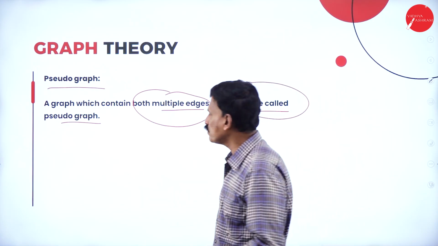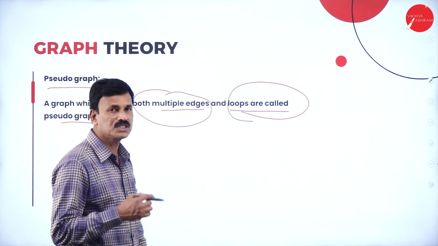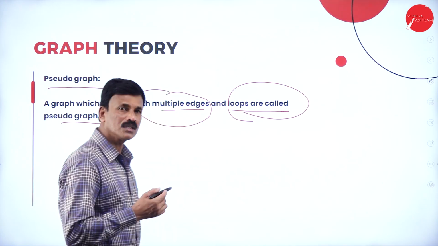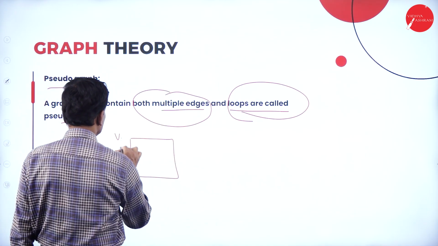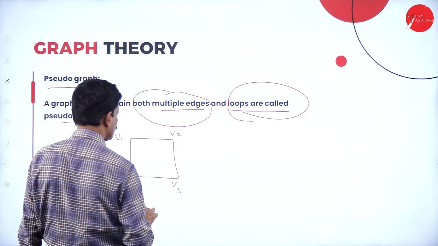Now, let us draw a simple example for this. Let us draw a simple graph for a pseudograph which contains both multiple edges as well as the multiple loops. Now, this is an example. Let us write V1, V2, V3, V4.